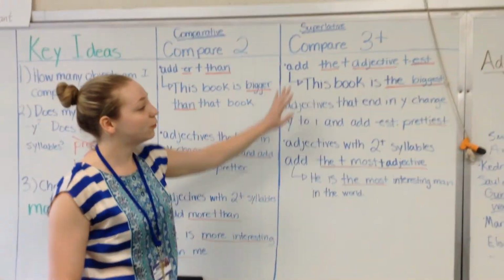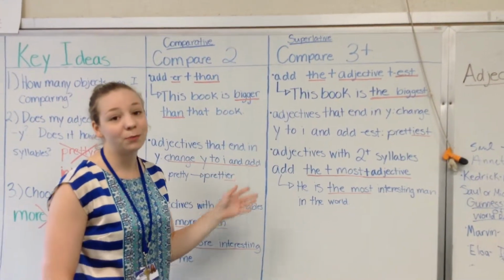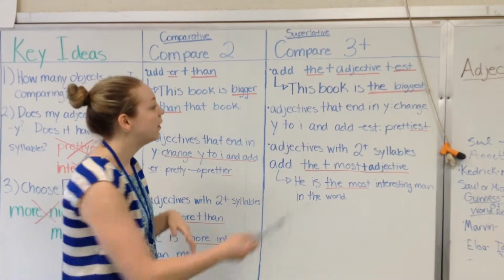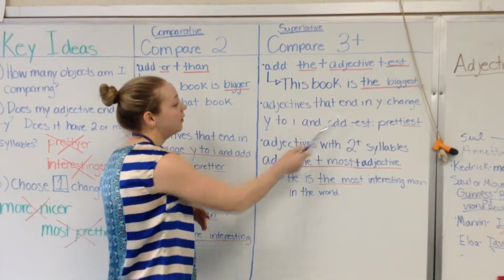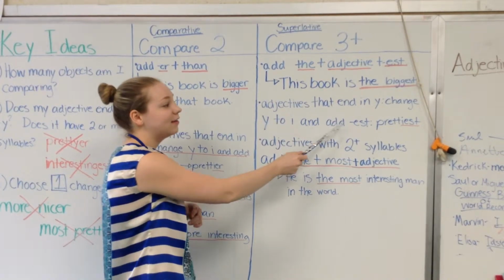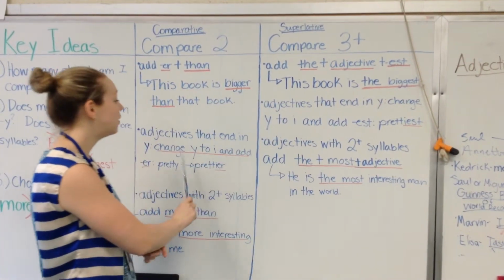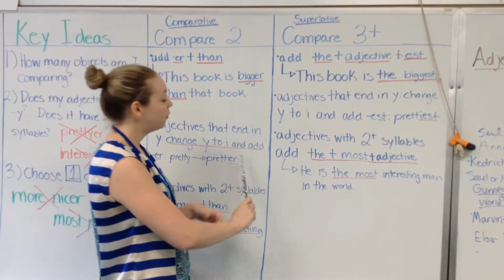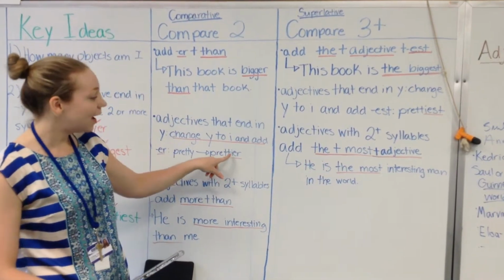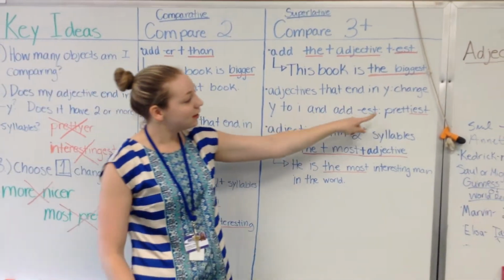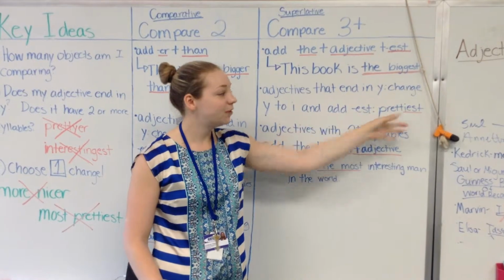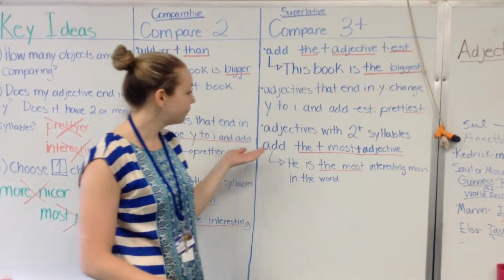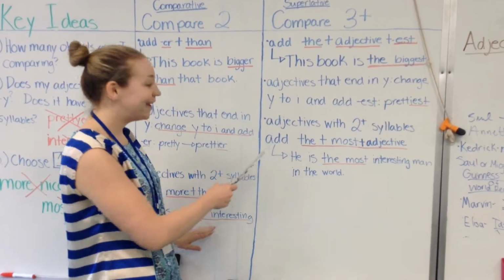The exceptions to the rules are very similar for superlative adjectives. If your word ends in Y, change Y to I and add EST, just like you added ER over here. So just as prettier has IER, prettiest is IEST. It's just a spelling rule. Same thing as over here also.